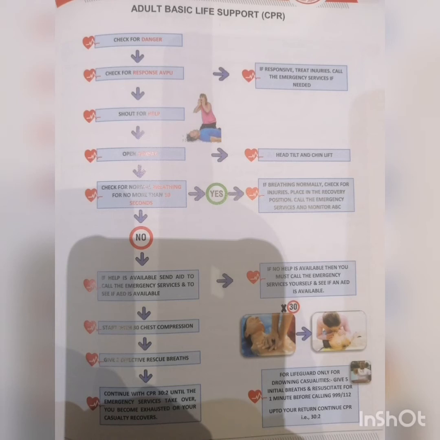Then you have to press for 30 times. Then you have to look at the second point, wherein you have to give breath. The person 2 breaths, 1, 2, on his mouth, right? So that is how you have to do it for adults, to save the adults.